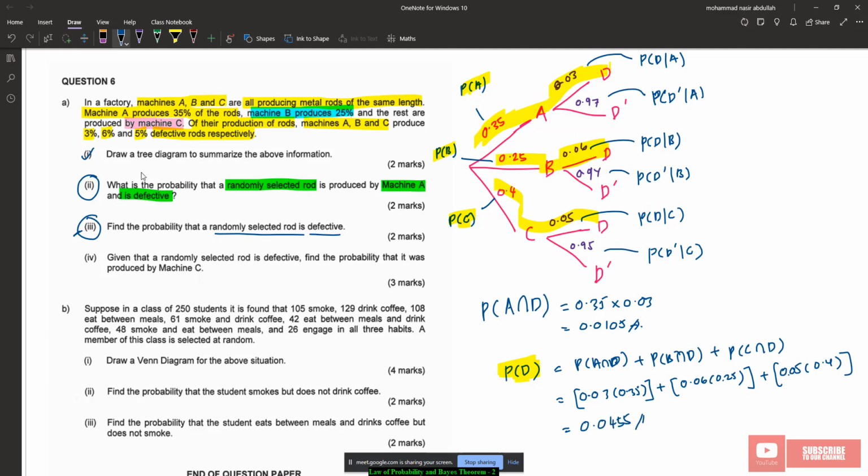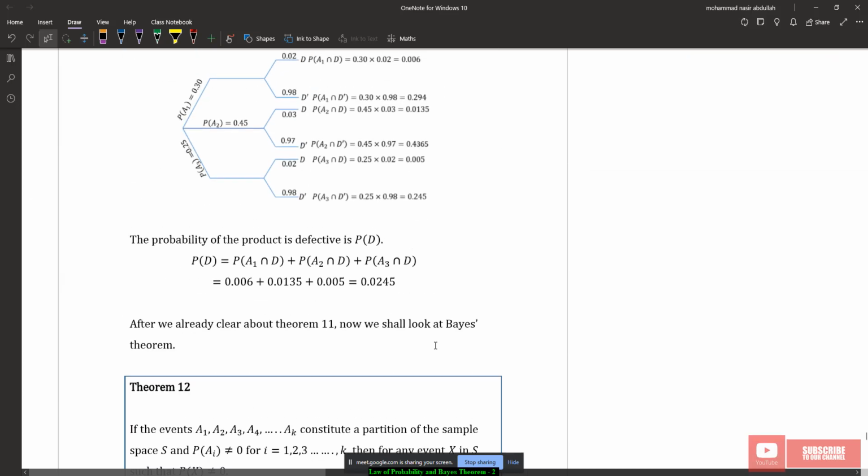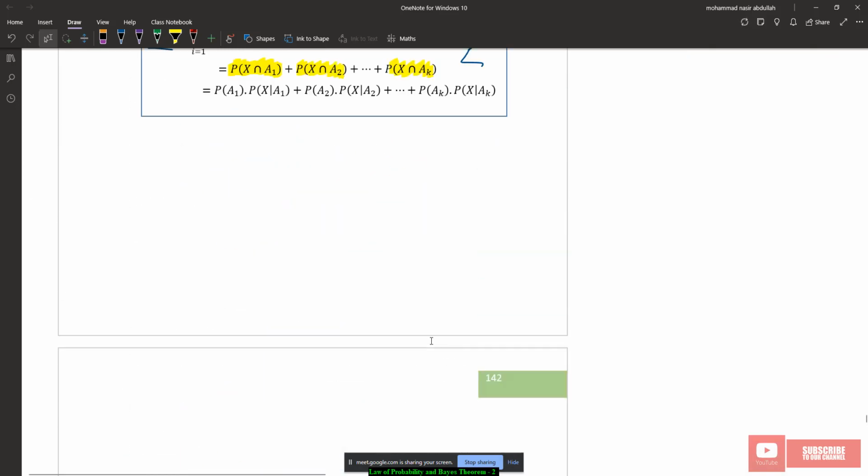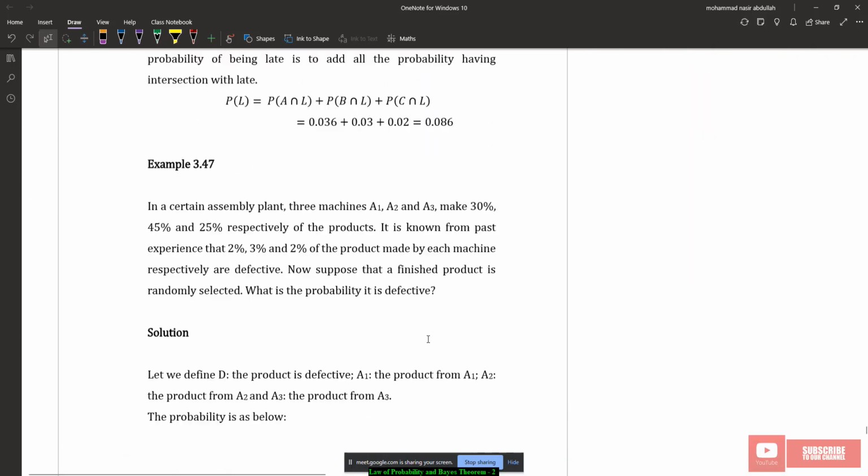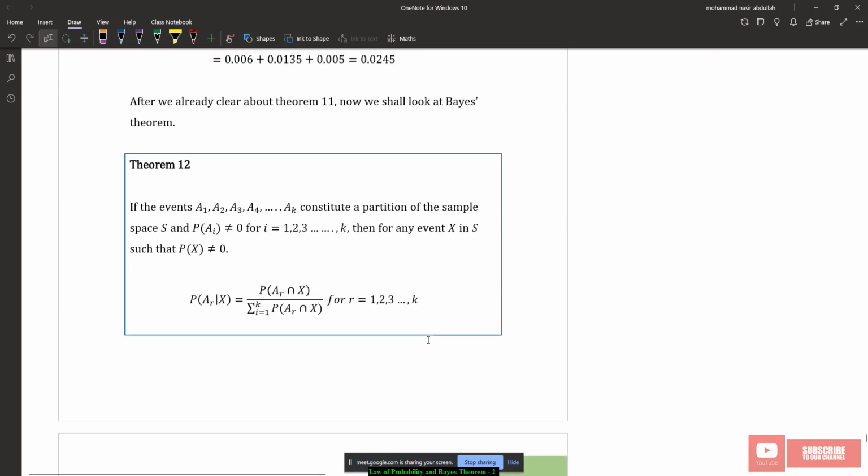0.0455. Right. Okay, good. So now, before we move to the next question, let's look at the Bayes theorem, which is theorem number 12. So this is a Bayes theorem.